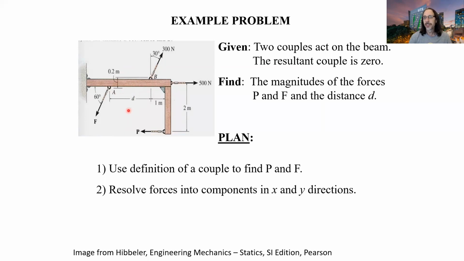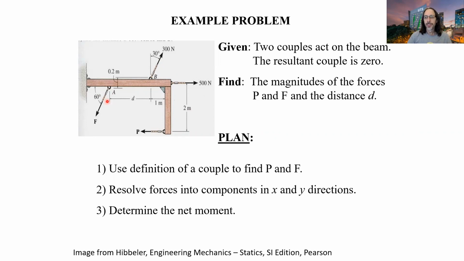But seeing that in the problem, we want to know this distance here, D, we know this vertical distance here, 0.2 meters. So it makes more sense, or for most people, it would be easier to resolve these forces at 30 degrees and 60 degrees, which is the same as 30 degrees in here, resolve them into components.